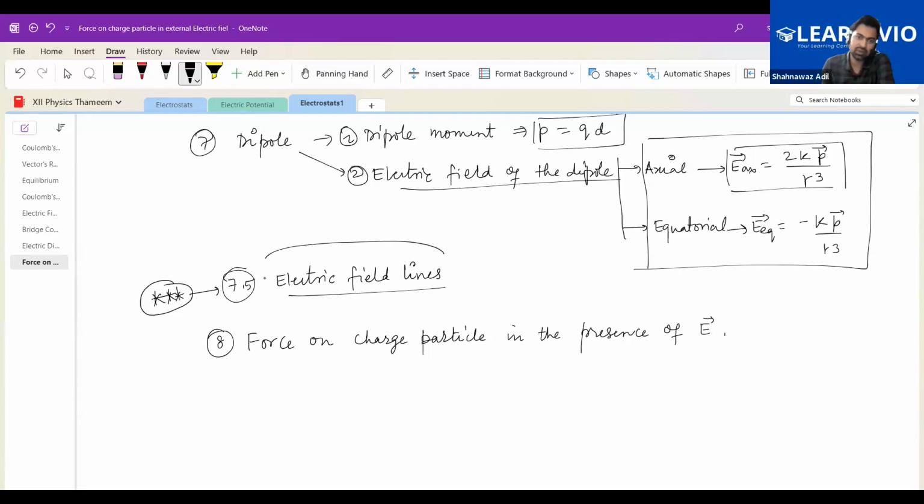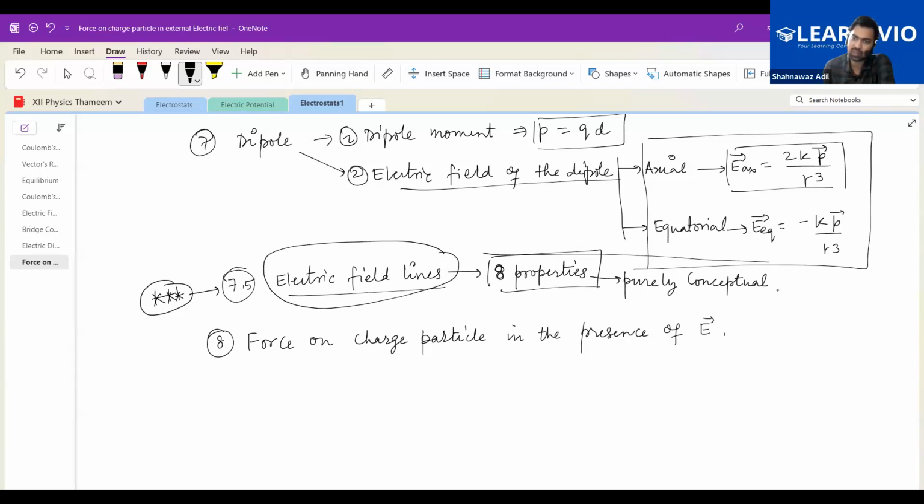In this one, we just have to remember 8 properties of the electric field lines. And this is purely conceptual. So that is why I'm keeping this thing for the very end, right?